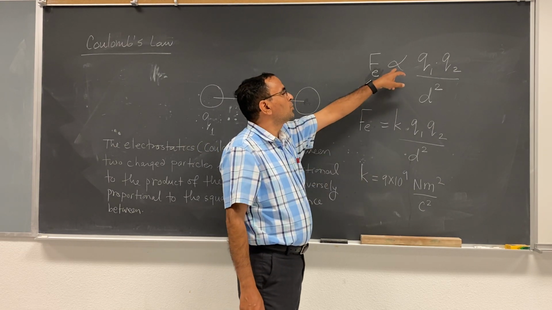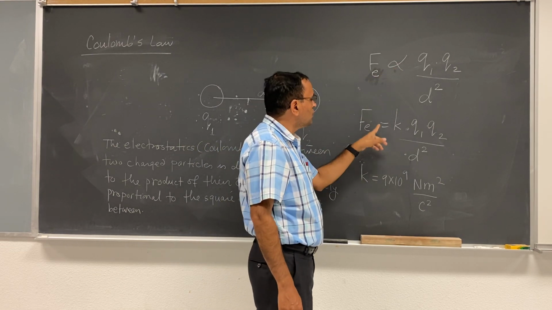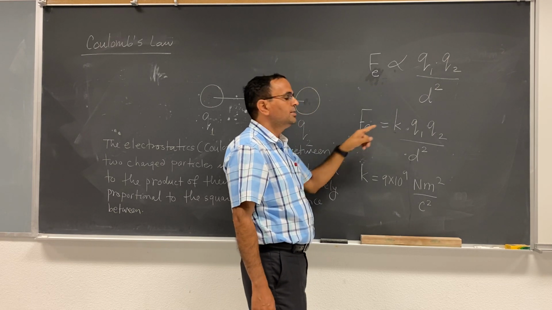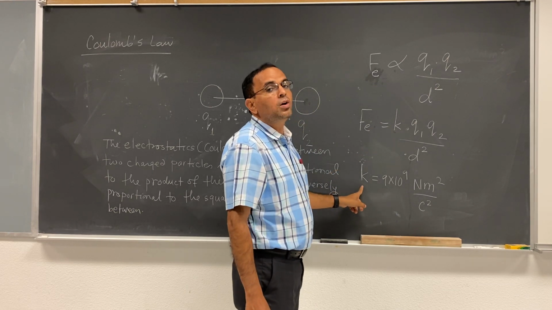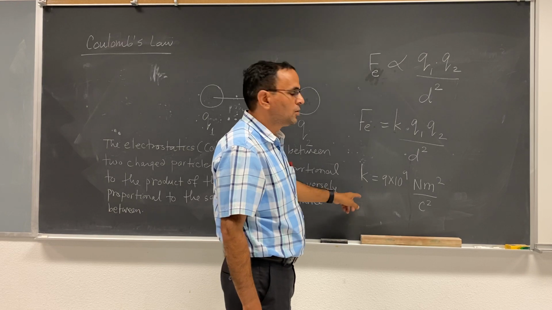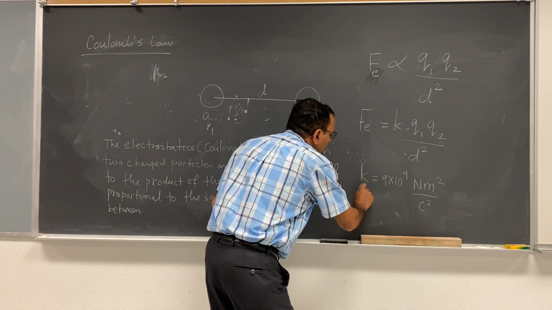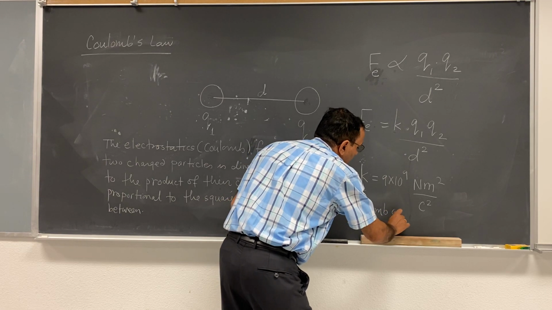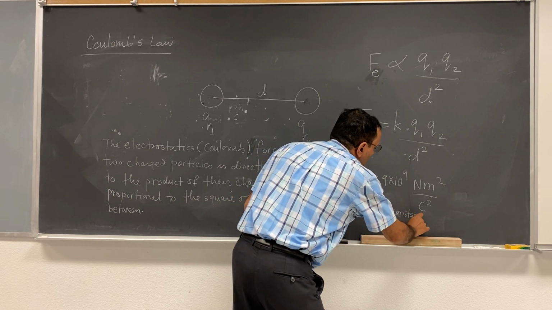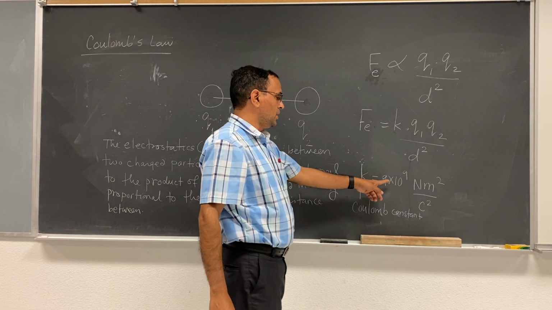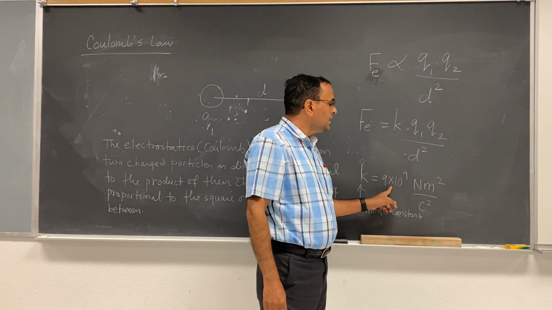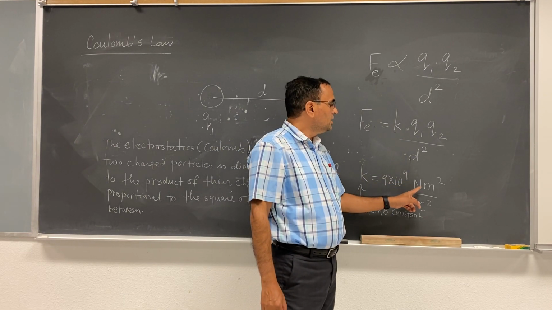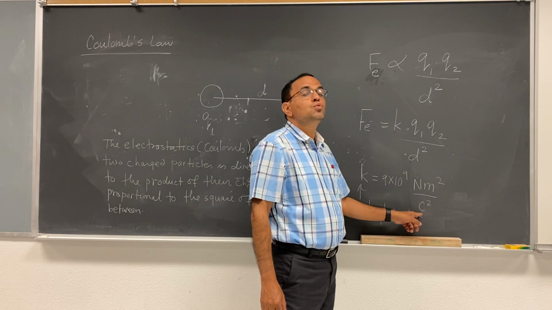Look here, I have the proportionality sign. I want to put equal sign here, so I put this constant we call Coulomb constant. It is proportionality constant, and this is called as the Coulomb constant. Okay, so the Coulomb constant, I strongly recommend you guys, please memorize this number, 9 times 10 to the power 9 Newton meter square per Coulomb square.